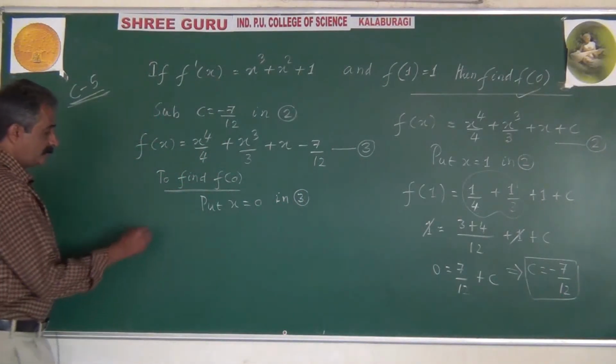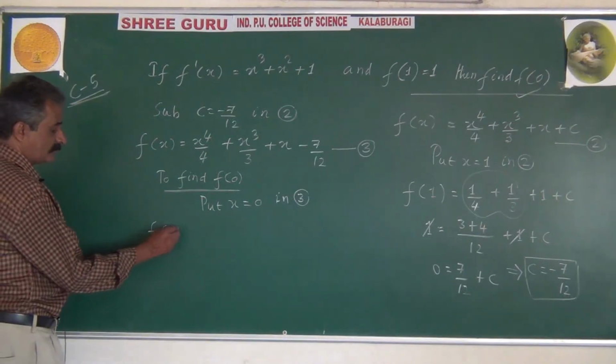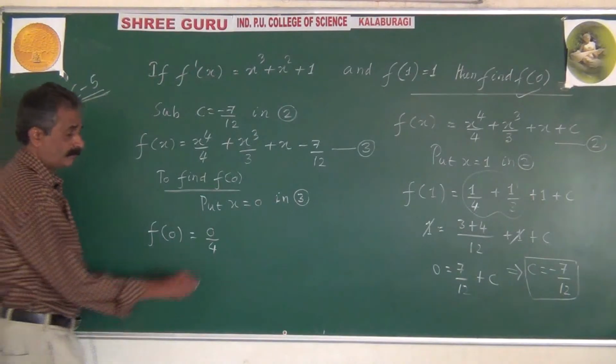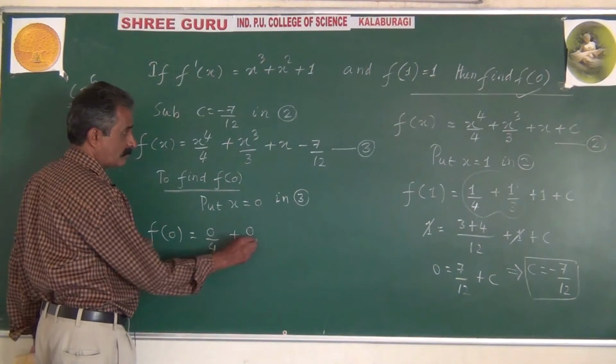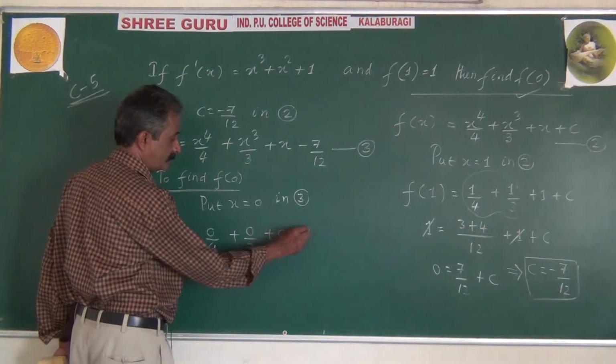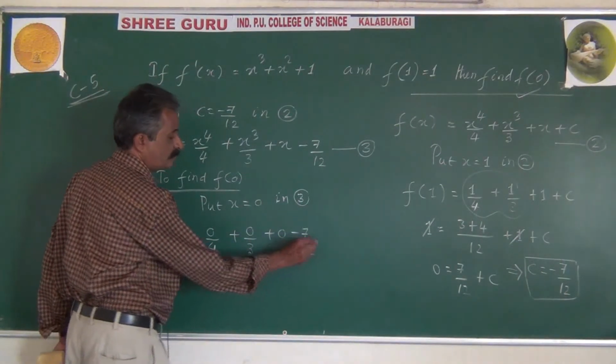Left side, f of 0. Right side, 0 power 4 is 0 by 4, 0 cube is 0 by 3, plus 0 minus 7 divided by 12.